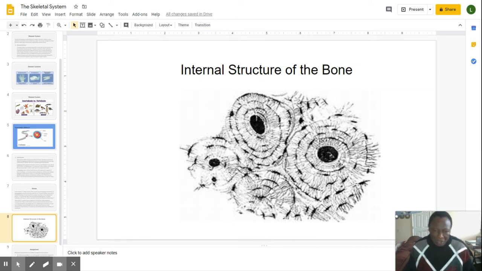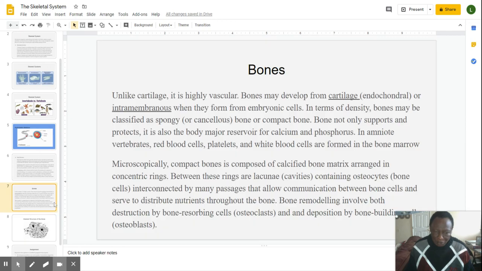Within these lacunae, we have the osteocytes, which are the bone cells, along with blood supplies and other innervations that make the bone a living tissue. In bones, the process of remodeling and destruction occurs all the time, involving cells such as osteoblasts and osteoclasts, which respectively cause bone building and bone resorption processes.